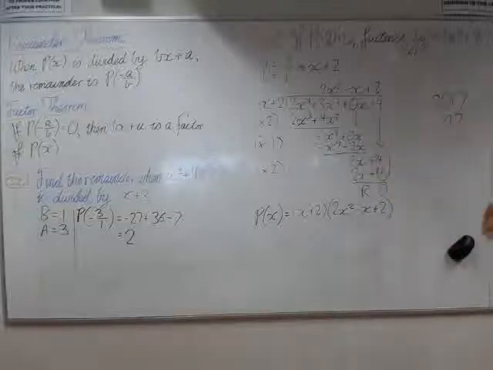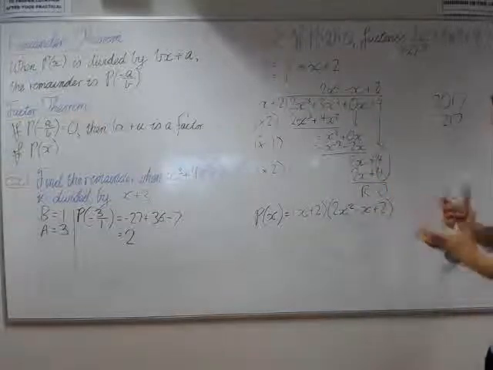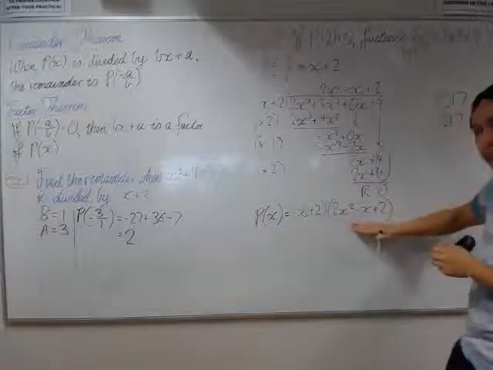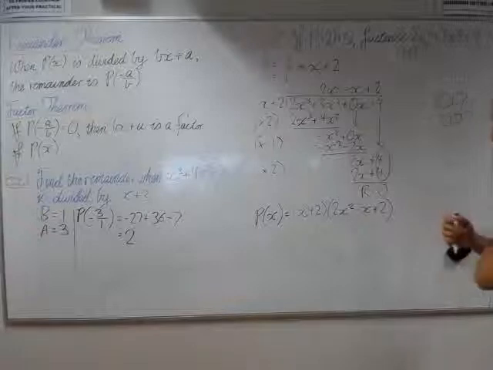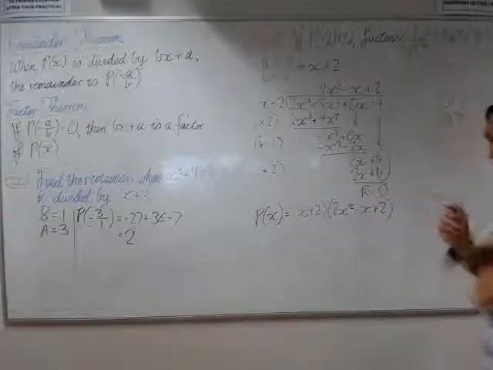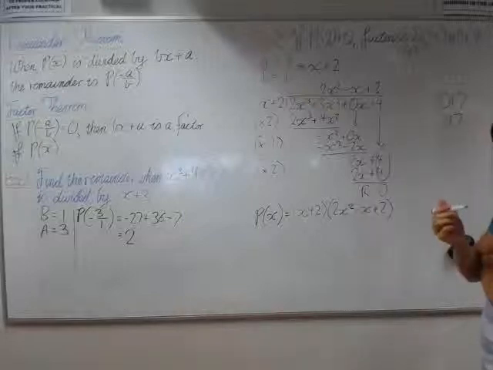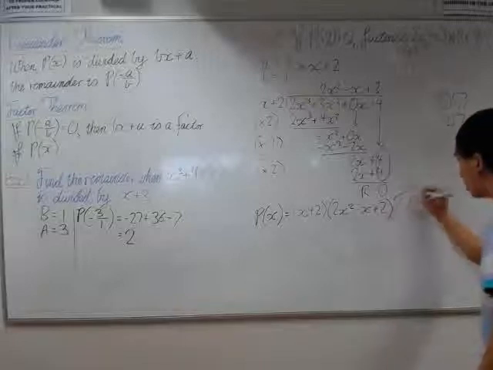Okay, so let's see what we can do here. So this is a cubic expression, but can we factorize this further? Maybe. So it's a quadratic term over here, but if you want two linear factors out of a quadratic, we've got to make sure the discriminant is actually greater than 0. So let's check out what the discriminant here is first.